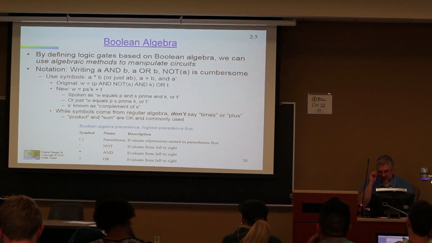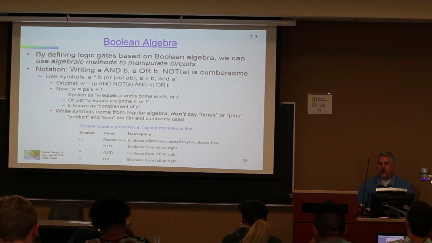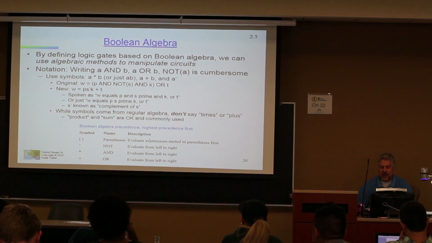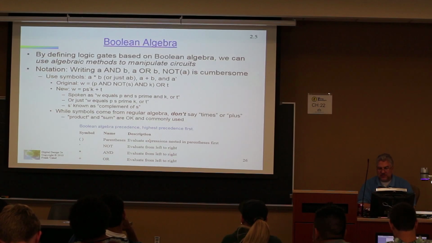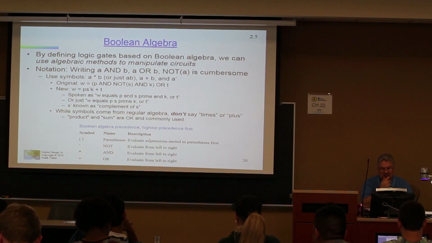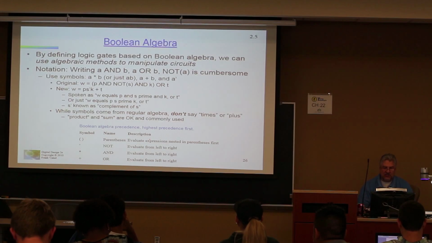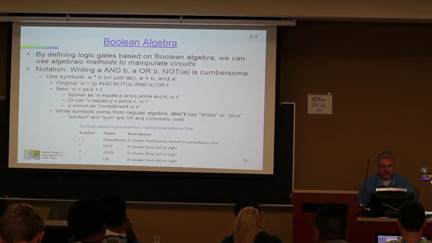Now that you understand the gates, let's look at another way of representing our digital logic, and this is by using simple Boolean algebra. I believe we have alluded to some of this in the past, right? We talked about parentheses and ANDs and NOTs and the precedence and how you can make things really complex. So let's revisit this. A and B, A or B, not A, kind of cumbersome.